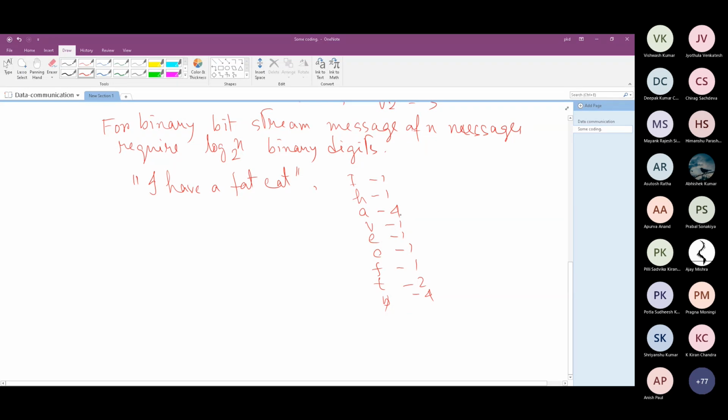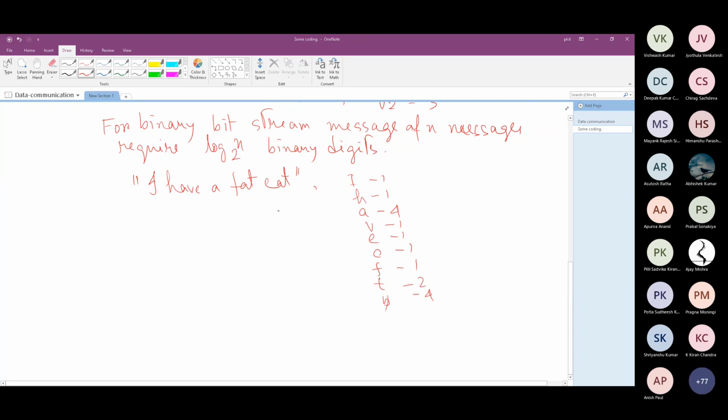We shall discuss the philosophy. If I want to compute the information content of this signal, then I have to look at the occurrence of these symbols.